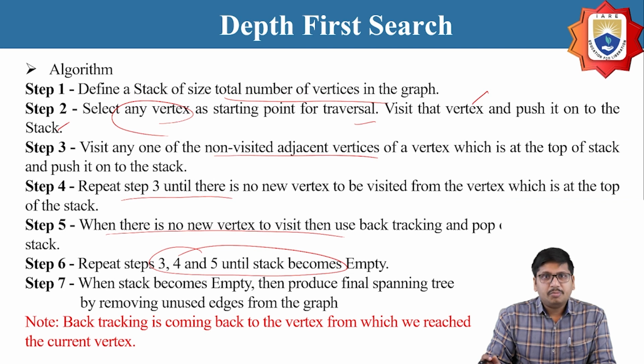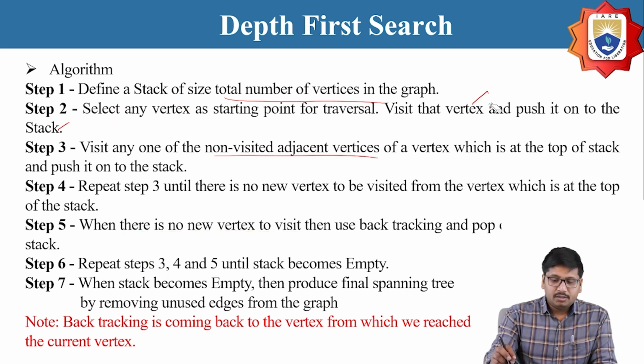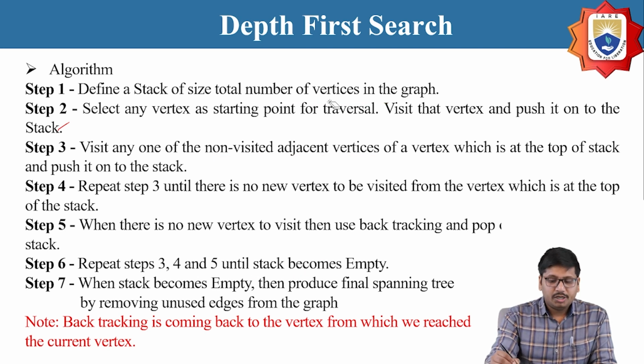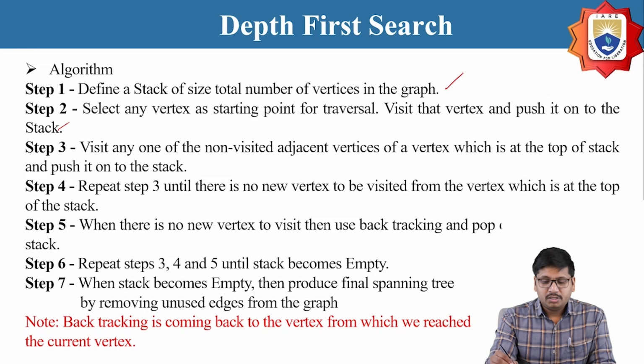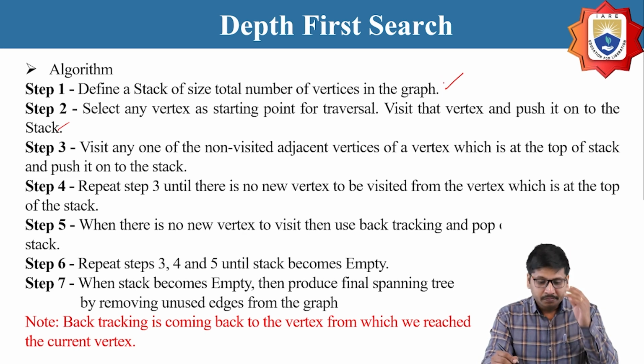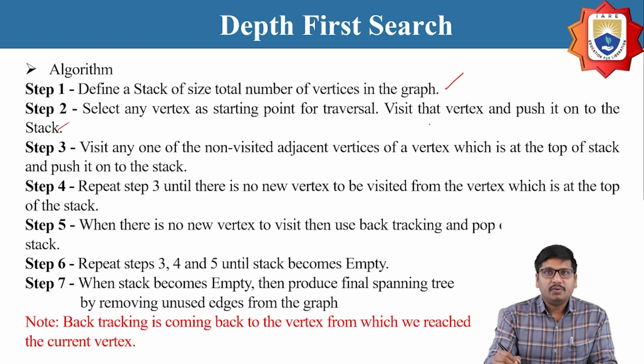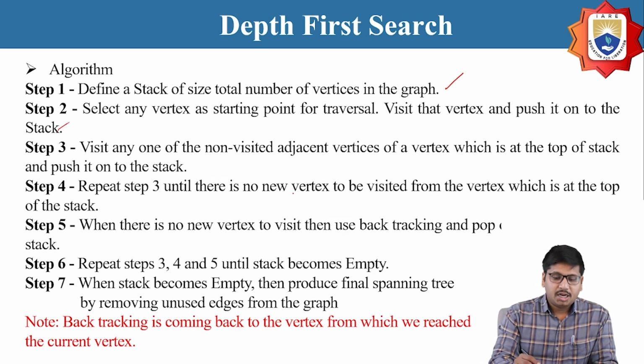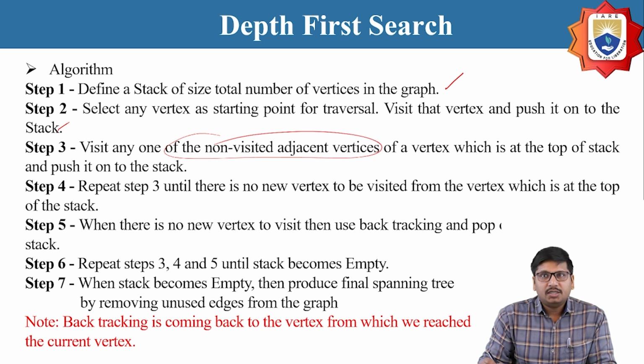Note that you have to remember backtracking is coming back to the vertex from which we reached the current vertex. So for implementing this DFS, initially you need a stack, with size based on the number of vertices in the graph, and choose any vertex as the starting point, visit the vertex and push it onto the stack.